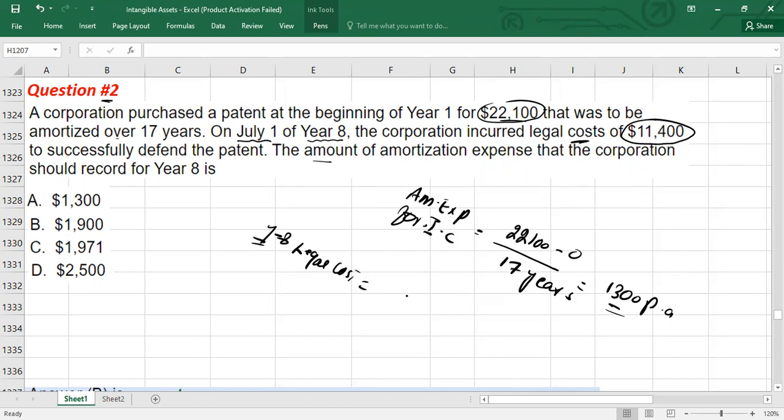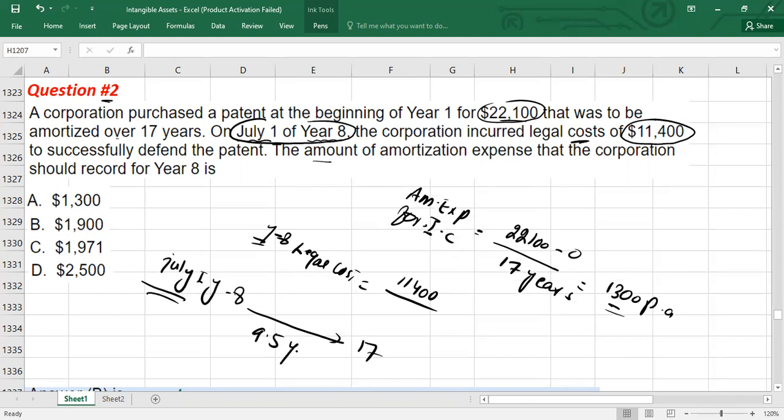Legal cost is 11,400 divided by, because you are sitting on this date, July 1, year 8, from here till the end of 17 years, because there is no change in useful life, you have a remaining life of 9.5 years. Because this is the date when you are going to capitalize your legal cost.